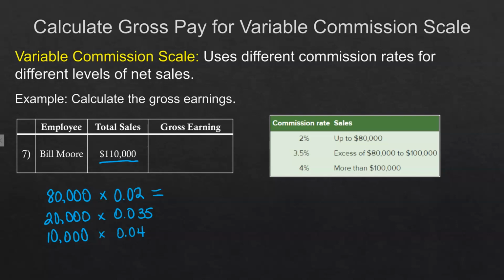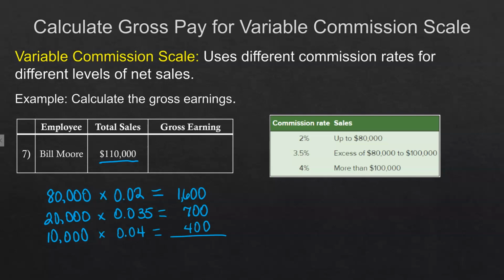Okay, so once again, you just get your calculator out and calculate these things. So the 80,000 times 2% is going to be 1,600. And then 20,000 times 3.5% is 700. And then 10,000 times 4% is 400.